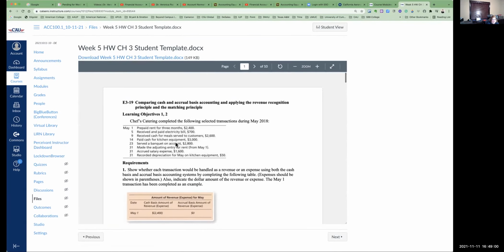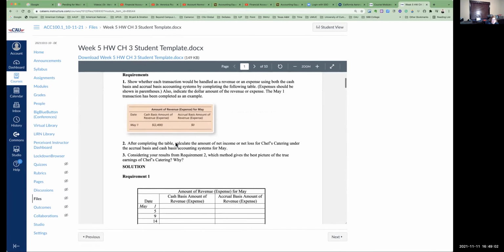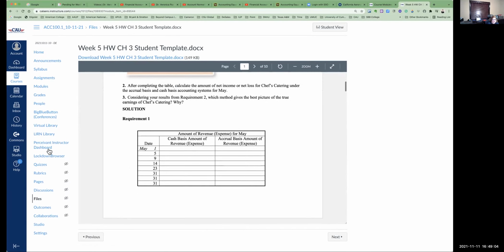Basically, what we're trying to do here is complete the amounts of the revenues and the expenses for each of these transactions. The easiest way to do that is we'll do a couple together, and I'm going to put it right on the screen here so you have it, and you should hopefully see how to complete that.